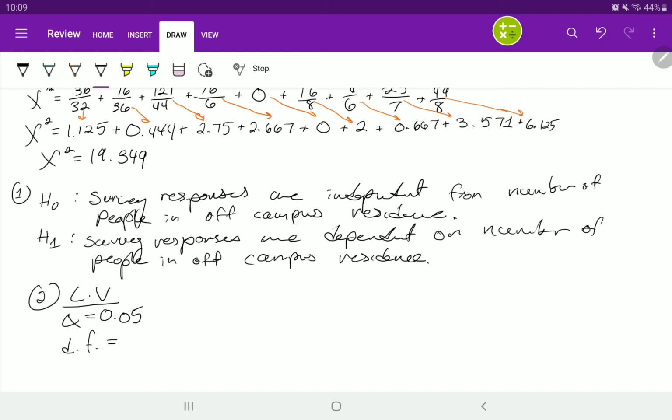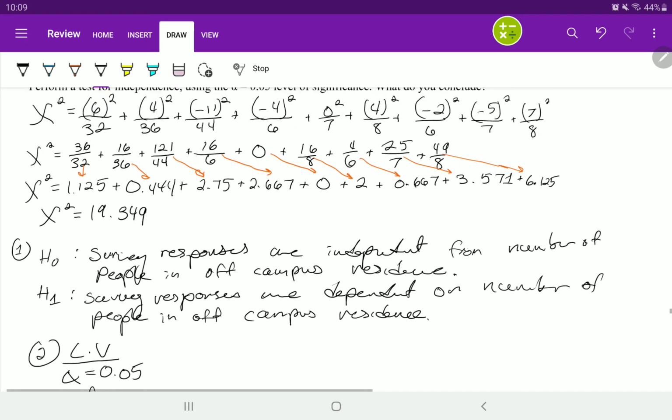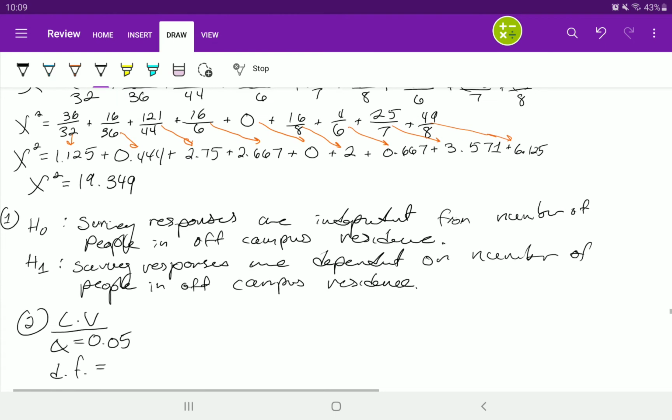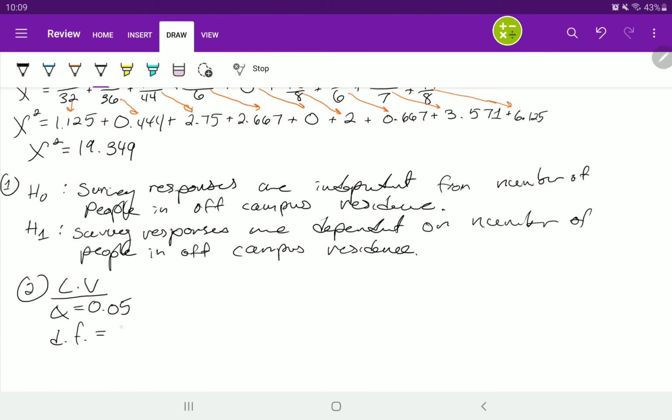To find the degrees of freedom, it is the number of rows minus 1 times the number of columns minus 1. This is a 3 by 3 contingency table. 3 rows, 3 columns. So it's going to be 3 minus 1 times 3 minus 1. That's going to be 2 times 2. 2 times 2 is 4.